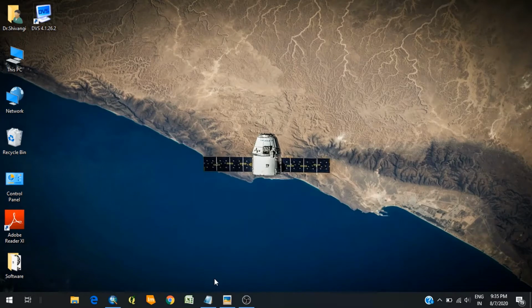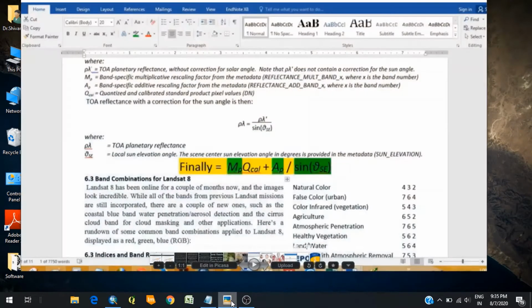In order to convert it, this is the formula. This is the standard formula which is used to convert the DN values of the image into reflectance for Landsat 8 data. So here you can see 4 parameters which are being used. MP is the band specific multiplicative rescaling factor, and AP is the band specific additive rescaling factor.